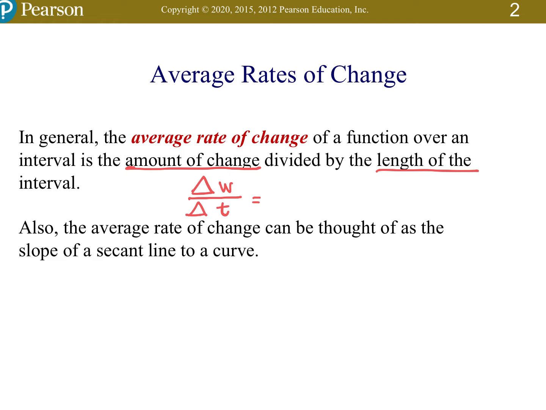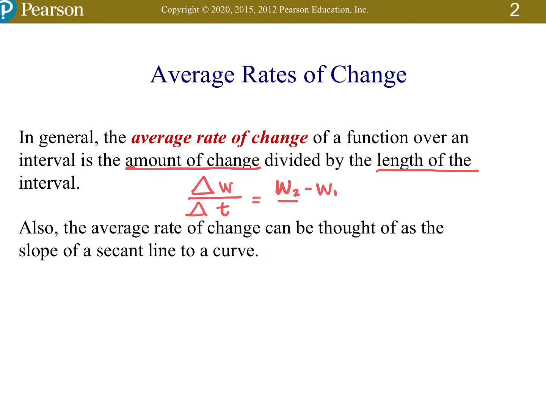Okay, now to find the change in any two things, you just have to subtract them. To find the change in your height over your lifetime, you need to know what your height is now compared to what your height was when you were born. And you subtract them. A change is always done by a subtraction. So this would look like a W2 minus a W1, your second weight minus your first weight.